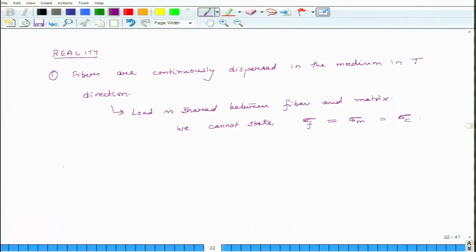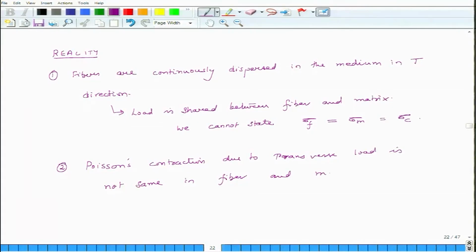The second thing is Poisson contraction due to transverse load is not same in fiber and matrix. It is not the same.